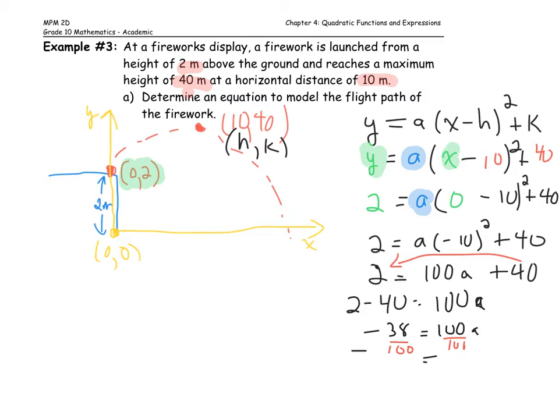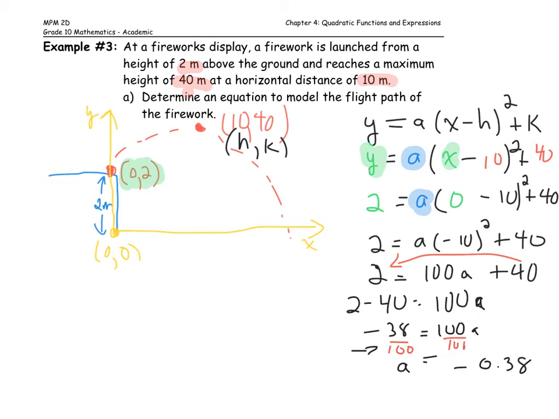If my denominator was a third or a sixth, then I would consider leaving it as a fraction. But when I divide negative 38 by 100, I end up with a nice decimal that is non-repeating. So A is equal to negative 0.38.